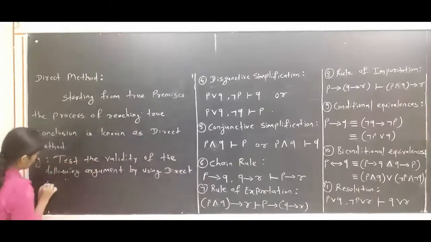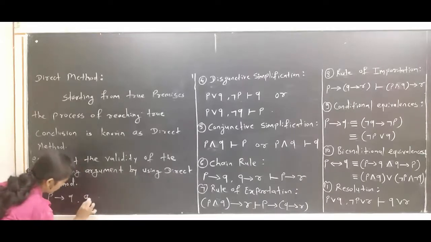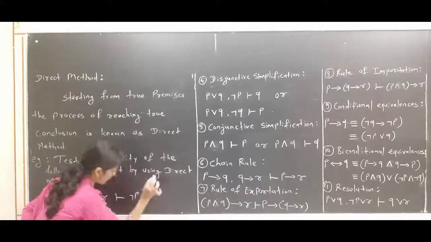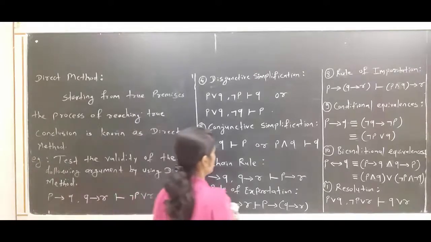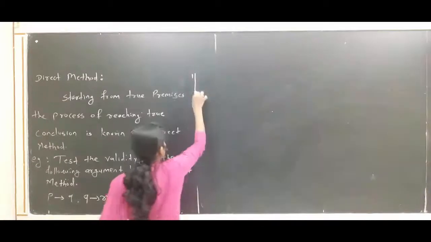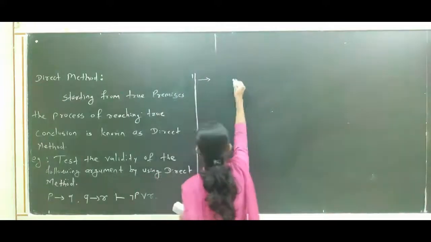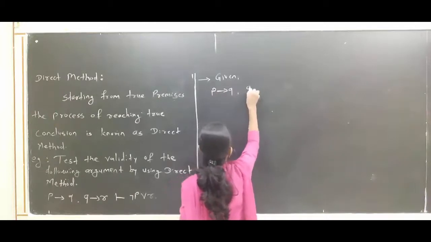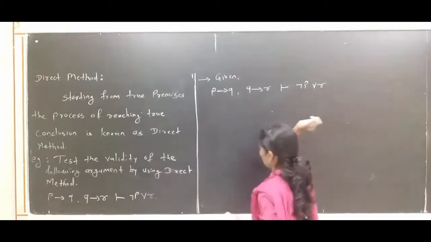The argument is P implies Q, Q implies R, conclusion negation P or R. So, this is given. Okay, now we solve it. Solution. Write down the given argument first: P implies Q, Q implies R, conclusion negation P or R.